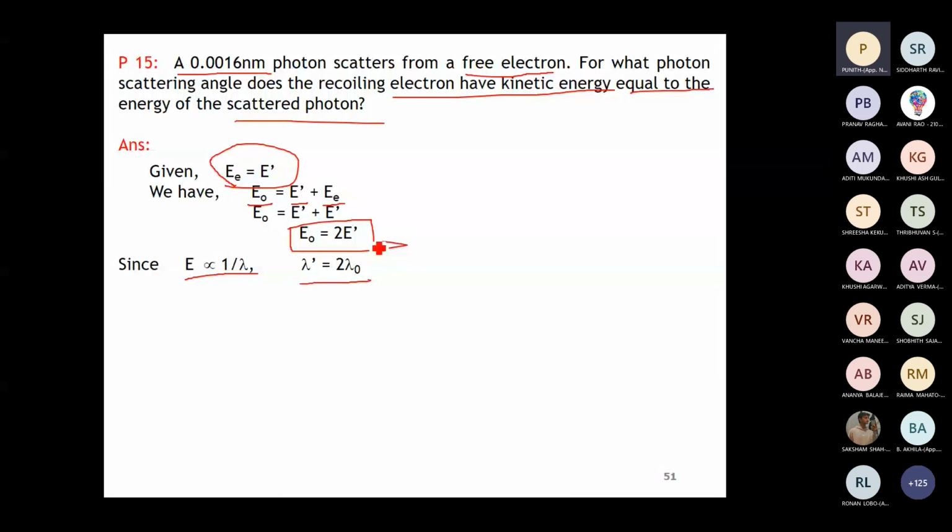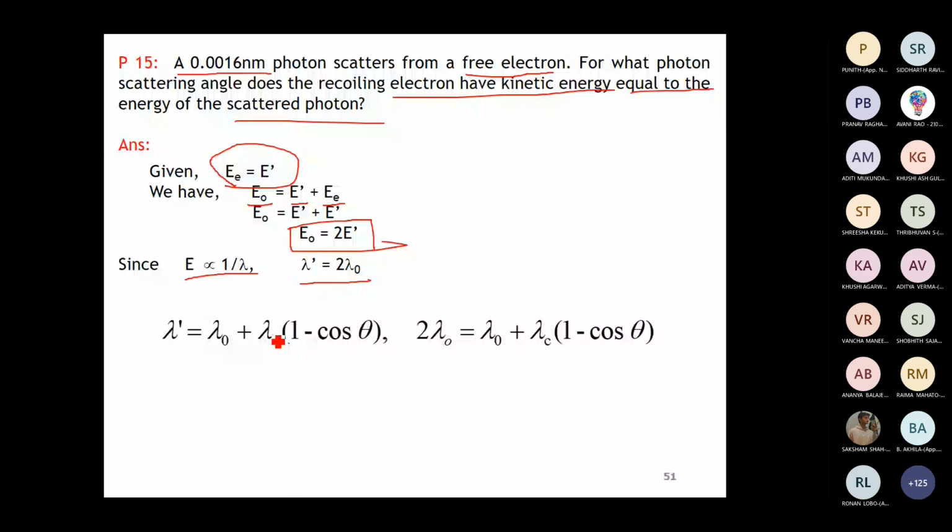Now, the same equation is written in a different form: lambda dash minus lambda naught is equal to lambda c into 1 minus cos theta, where lambda c is the Compton wavelength. We know lambda dash is 2 lambda naught. Since only the value of lambda naught was given and lambda dash was not, we need to replace lambda dash using lambda naught.